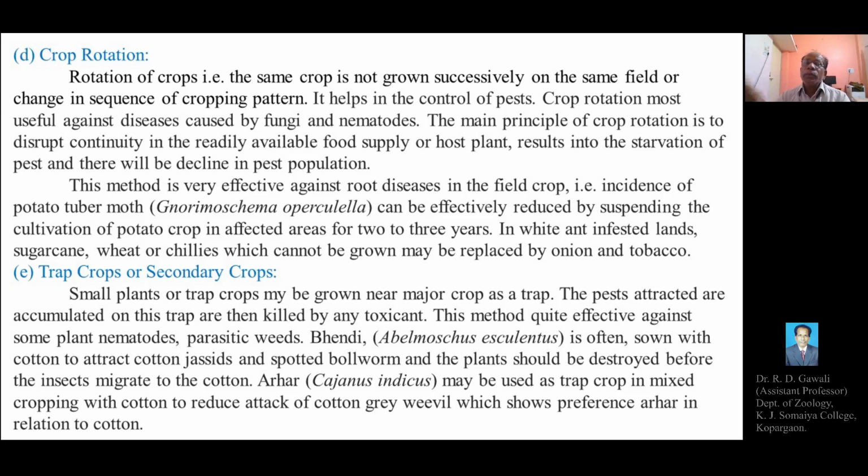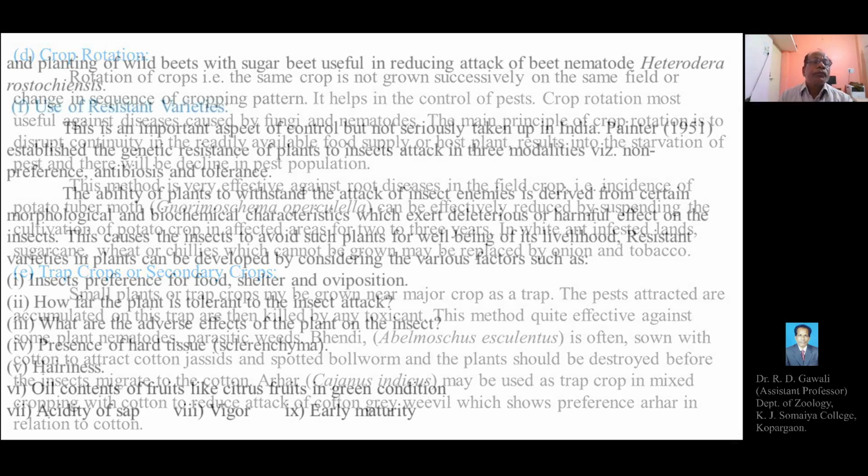So instead of infesting the cotton field, the cotton grey weevil attacks the arhar plants, which can be mixed with a cotton field. So this is one of the cultural practices, that is, growing trap crops or secondary crops so as to divert the pest from the major crop.